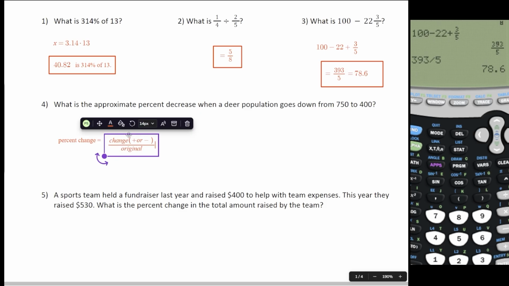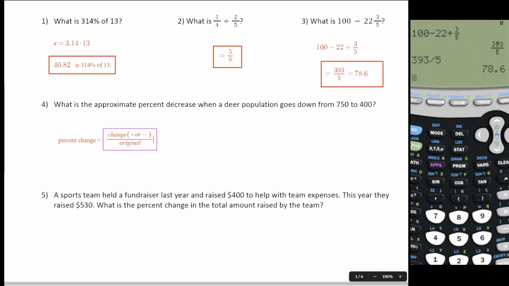So this is going to be how we calculate the percent change, whether it's a percent increase or a percent decrease. And we'll just want to make sure that we declare that it's an increase or a decrease when we answer a question. So this one's going down from 750 to 400, so we know it's going to be a decrease, but let's calculate what it actually is.